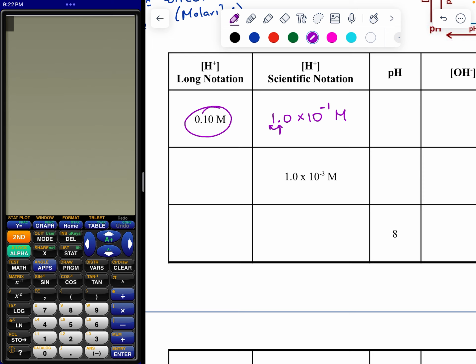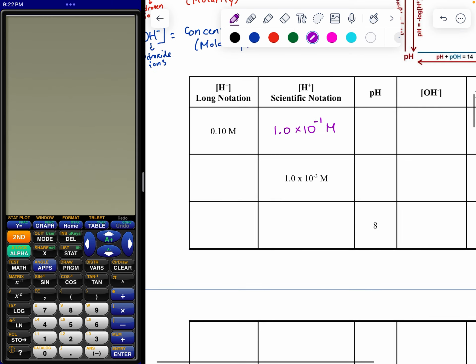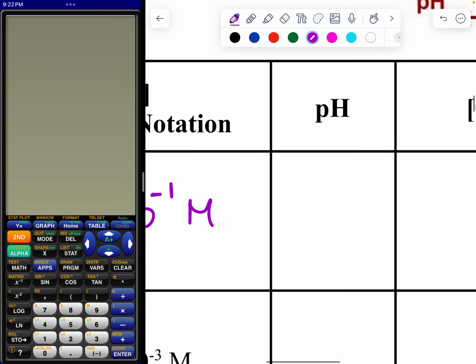And of course, concentration is measured in molarity. So these two numbers right here, they are exactly the same value. They're just written differently, right? Scientific notation versus long or standard form. The pH, again, is the negative log of the H concentration, the concentration of hydrogen ions, you can say.